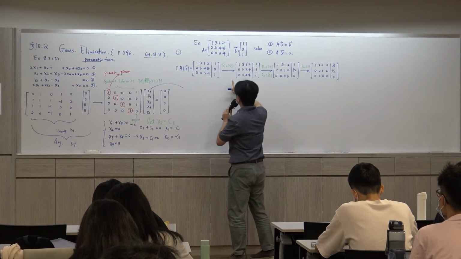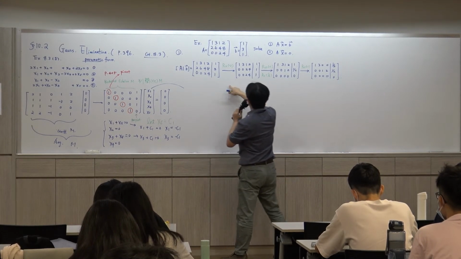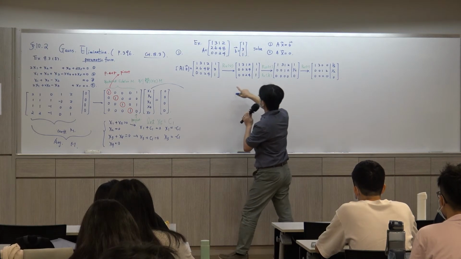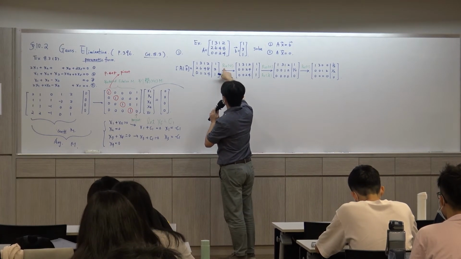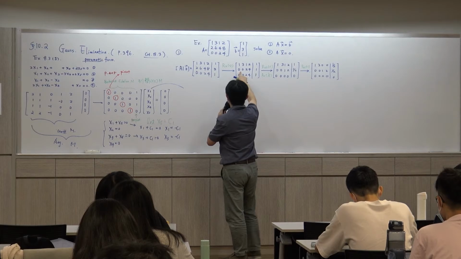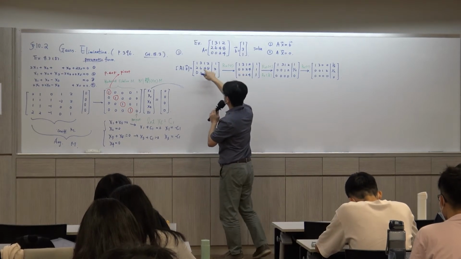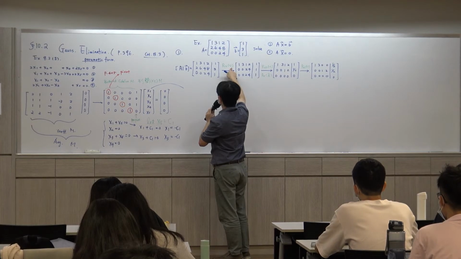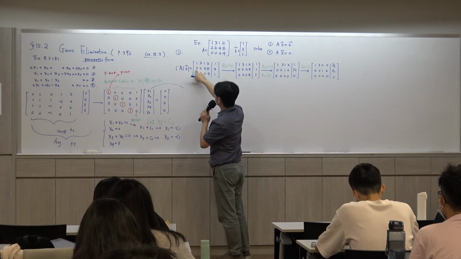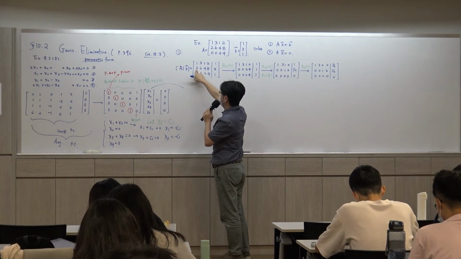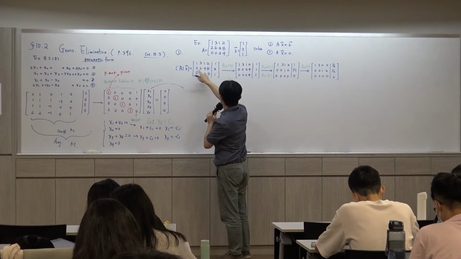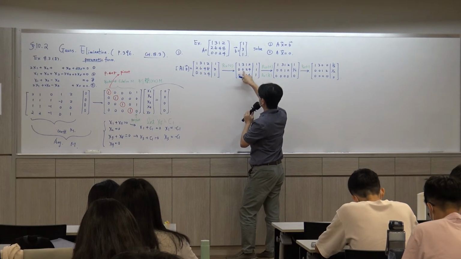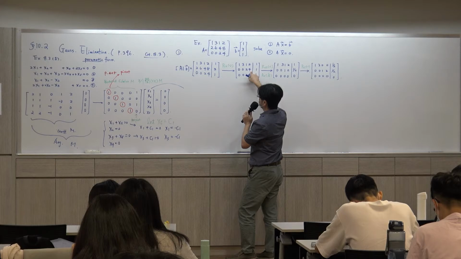Then we can use the row operation to create a 0 here. So we can let the first row times minus 2, so we can cancel out the element of 2 and create more 0 here, right?